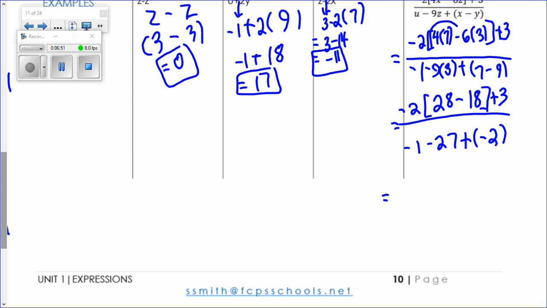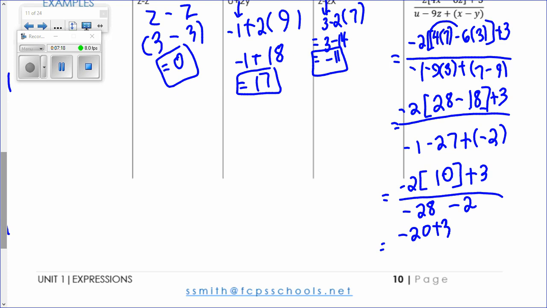I'm going to press equals again. And then next, I'm going to do what's inside of the hard brackets on the top. So negative 2, hard bracket, 28 minus 18 is 10, plus 3. Then on the bottom, negative 1 minus 27 is negative 28, minus 2. Then on the bottom, negative 2 times 10 is negative 20, plus 3, divided by negative 30.